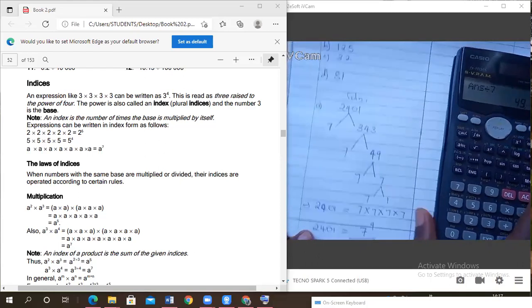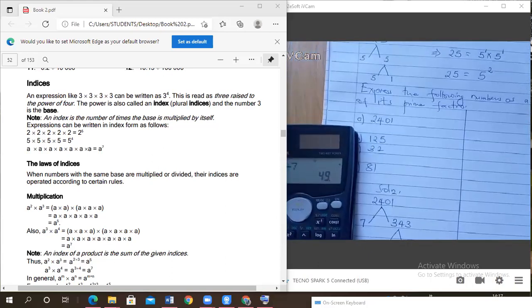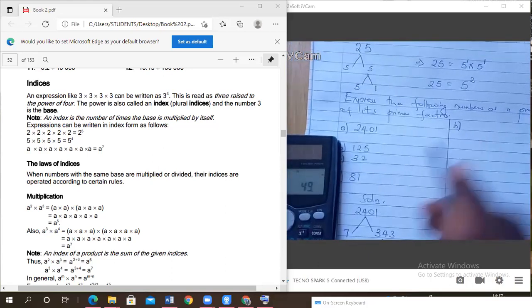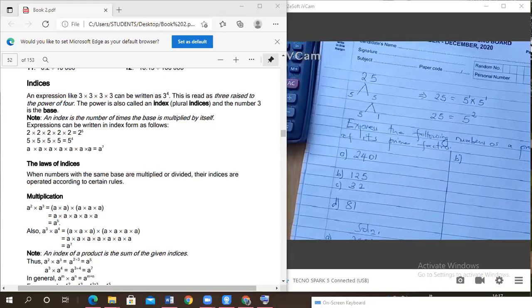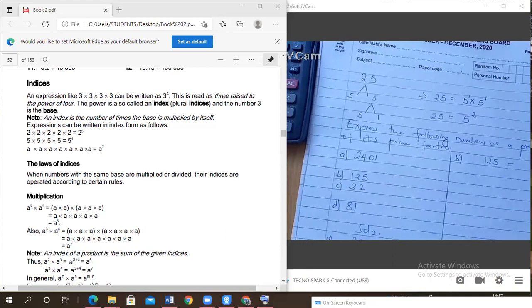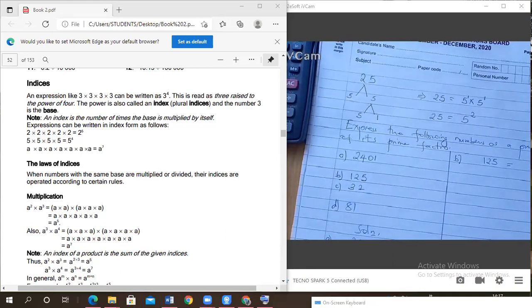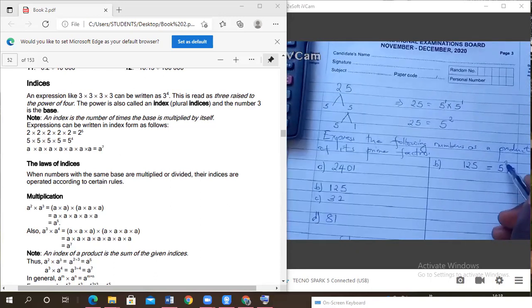Can you do the same for B? Work out B. So in B, 125 is the same as, just give me the answer. 5 to the power 3.